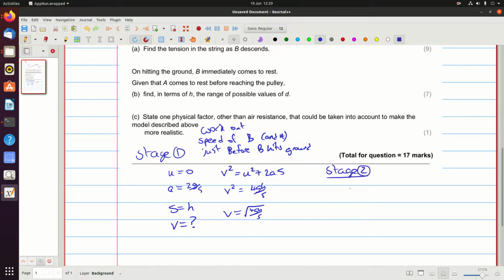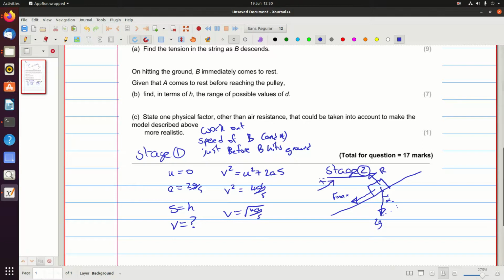Now in stage 2, what we really need to do is find the deceleration. You've got to draw out a diagram for this again, I'm afraid, because the tension has disappeared. You'll just have F max going down the slope, you'll still have R up like that, and you'll have 2g down here, and you'll be required to know what 2g sine alpha is, because we can use forces down the slope.